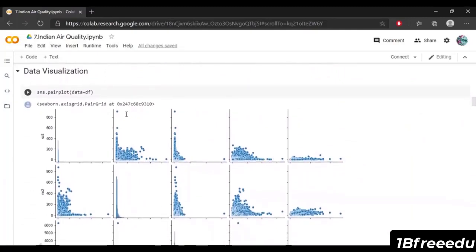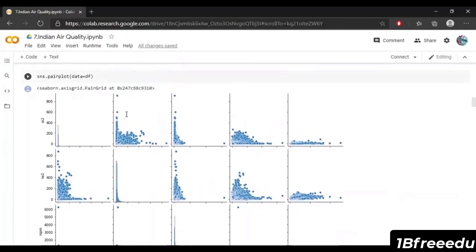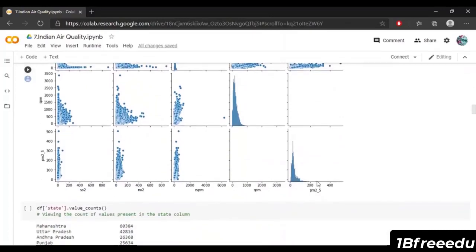The first visualization that we have done over here is the pair plot visualization. What this pair plot visualization shows us is the scatter plots. In this particular scatter plot, SO2 is on the x-axis and PM2_5 is on the y-axis.